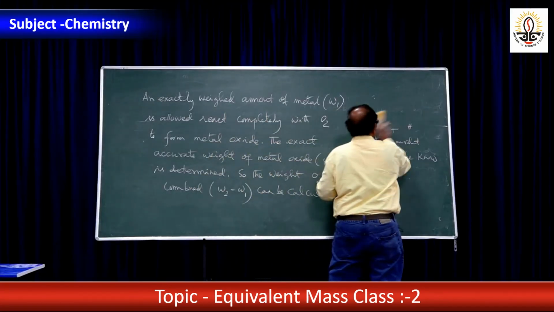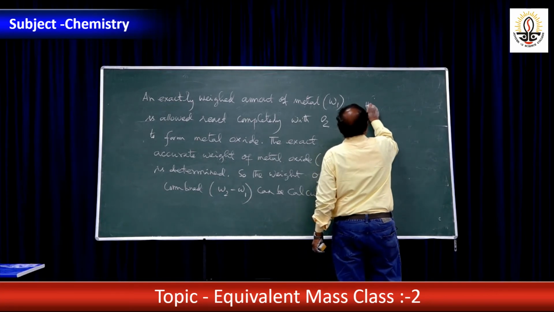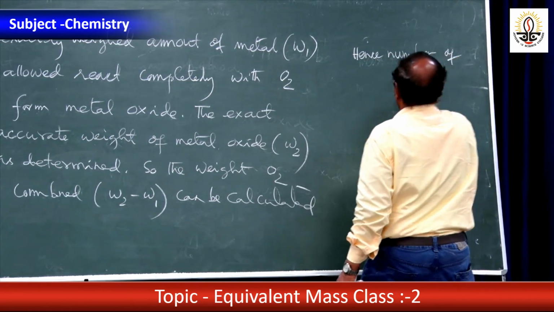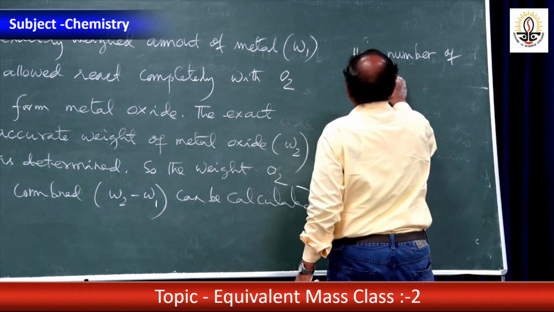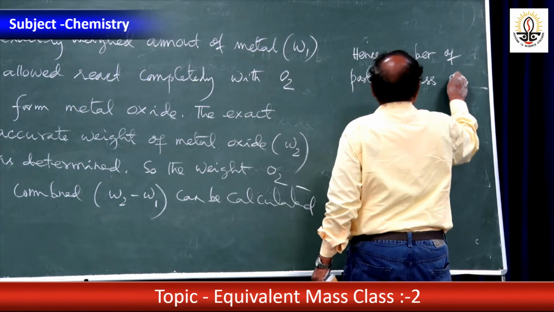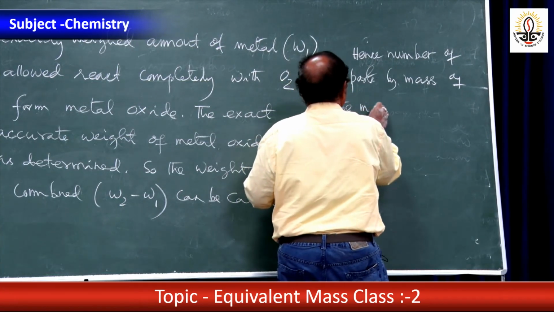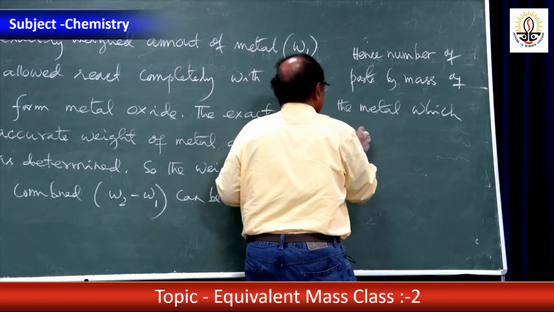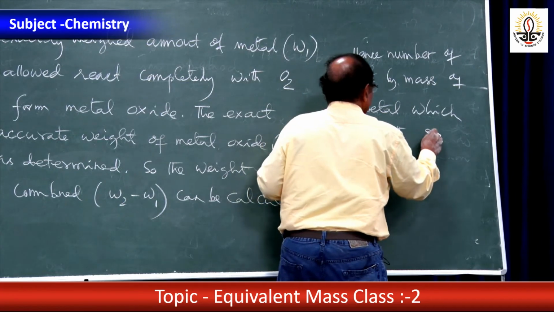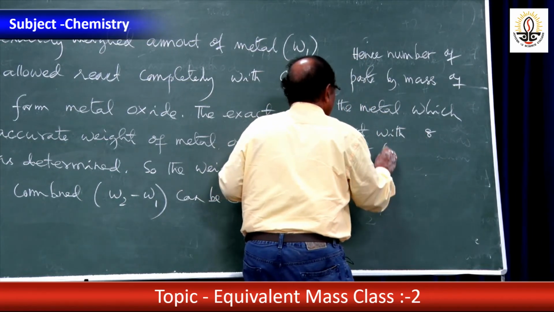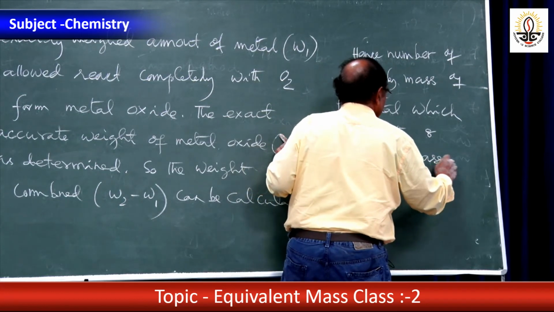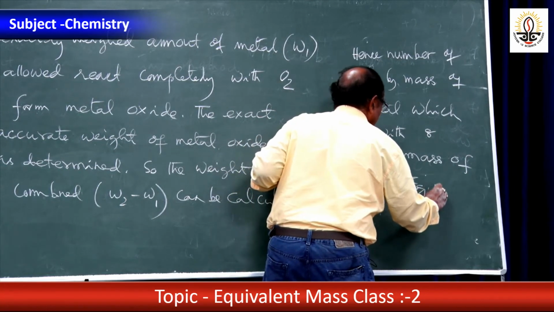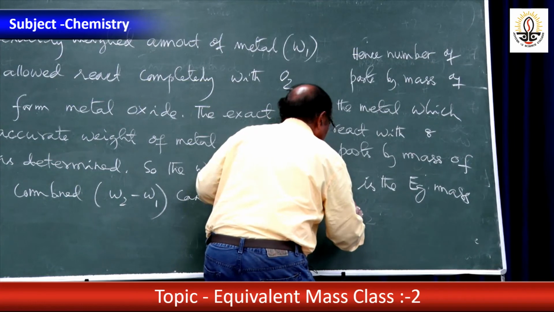Hence the number of parts by mass of the metal which react with 8 parts by mass of oxygen is the equivalent mass, and can be calculated.